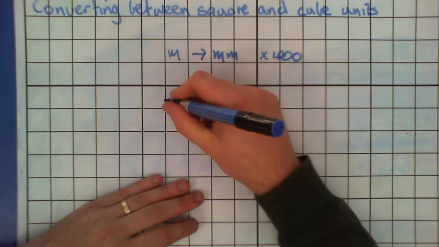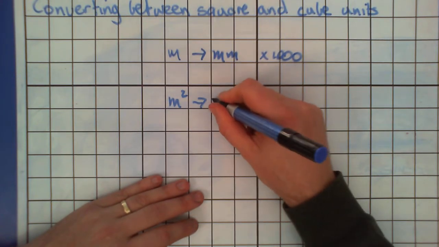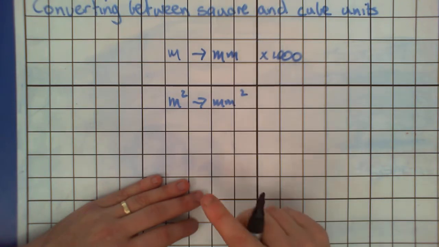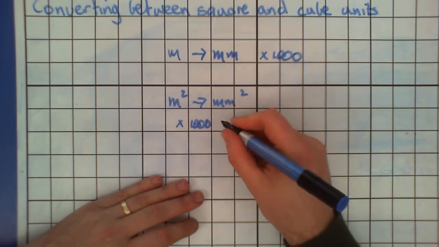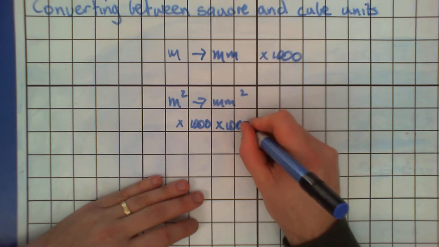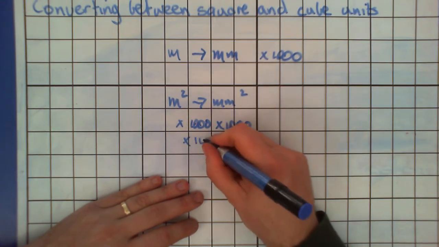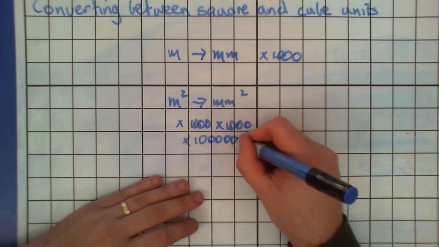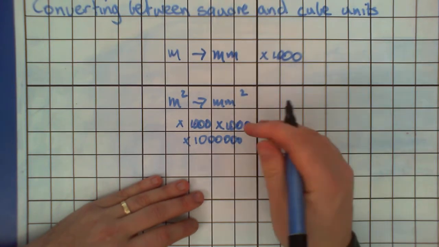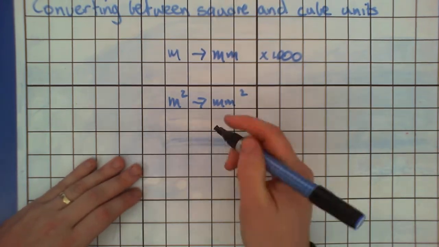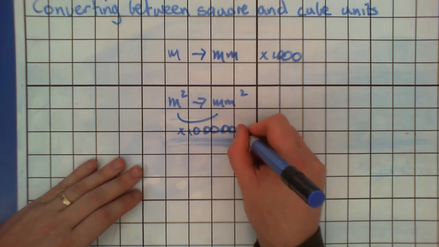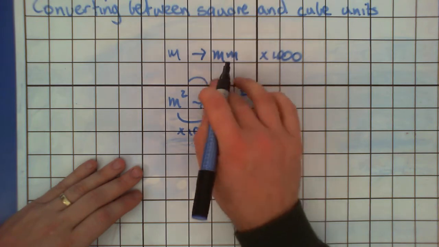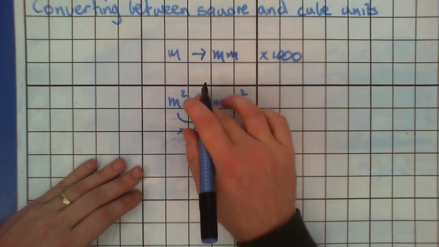So if we were going from meters squared to millimeters squared, we're going to need to times by 1,000 for our length, times by 1,000 for our width, which means overall we're timesing by 1 million. Okay, so you can do that all in one step. Times by 1 million. And the other way is going to be divide by 1 million.